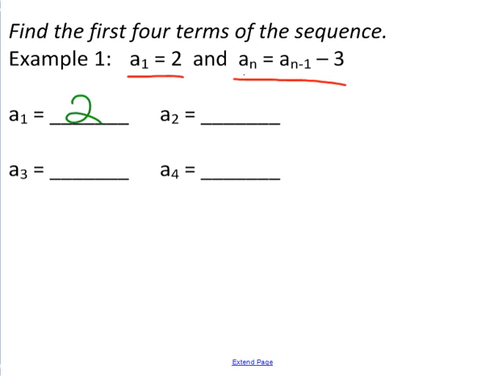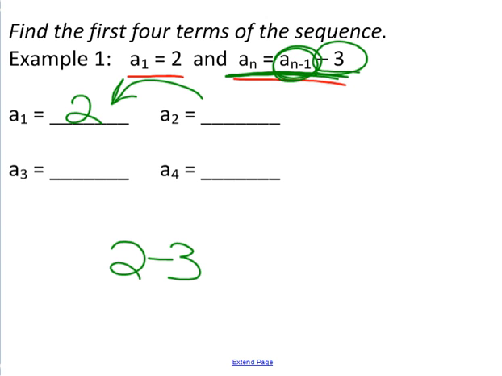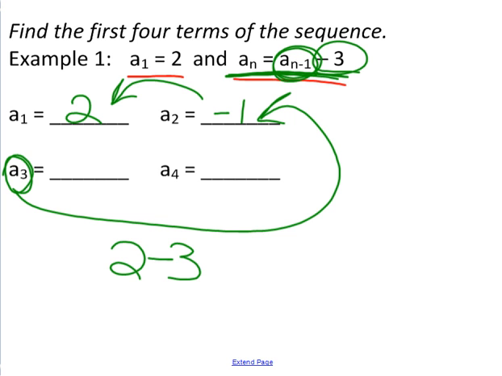Now, to get the next term, I have to look at the prior term and subtract 3. The prior term was 2. I subtract 3, and I've got -1. To get the next term, I have to look at the prior term, which is -1, and subtract 3. -1 subtract 3 gives me -4.